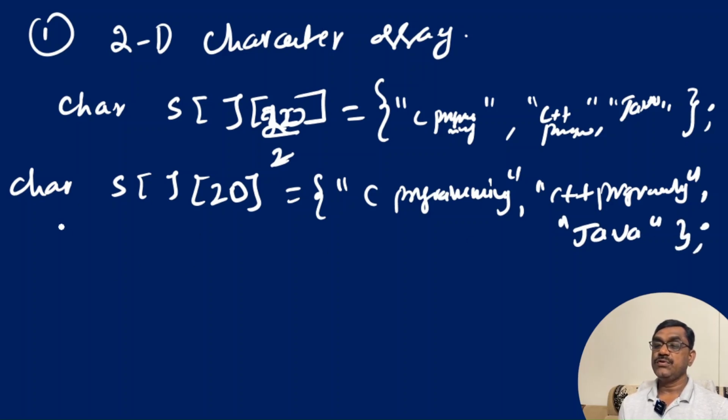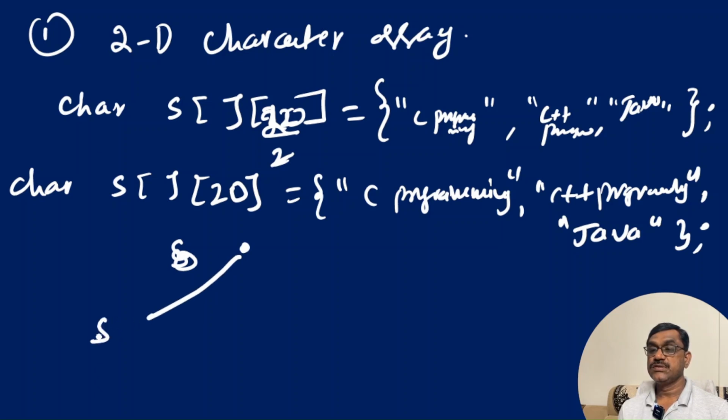Now when you declare the two-dimensional array like this, what happens is the array S is divided into how many strings we have given? 3 strings, right? That means from the root we have divided: the first S, second S and third S, the third string.